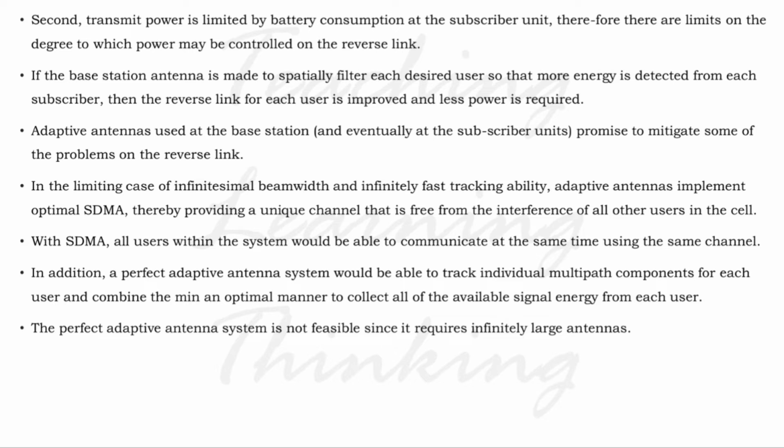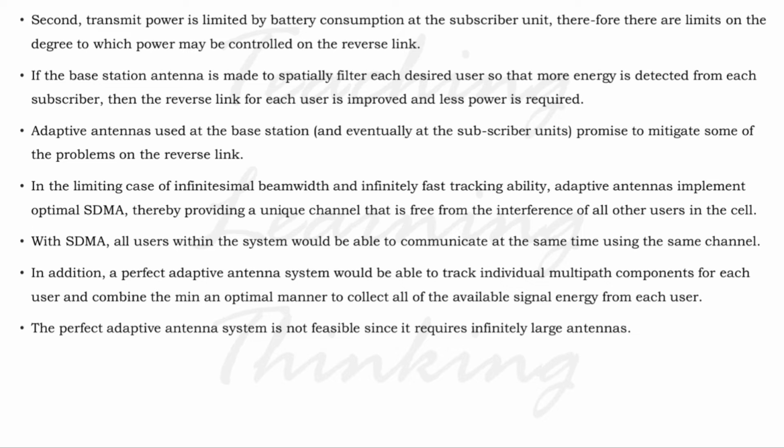In the limiting case, with infinitesimal beam width and infinitely fast tracking ability, adaptive antennas implement optimal SDMA, thereby providing a unique channel that is free from interference from all other users in the cell. With SDMA, all users within the system would be able to communicate at the same time using the same channel.